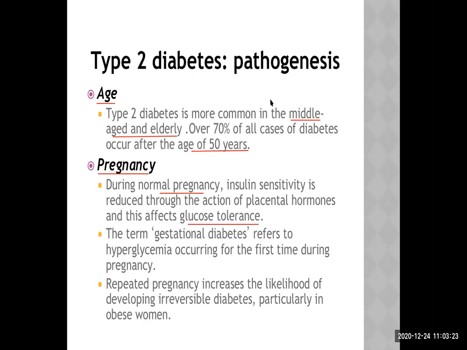There are two types of diabetes during pregnancy. One is gestational diabetes, which develops for the first time during pregnancy itself. Another is chronic diabetes, where the lady is diabetic from the beginning. Then that diabetes can increase during pregnancy because of different hormonal effects, like HPL.